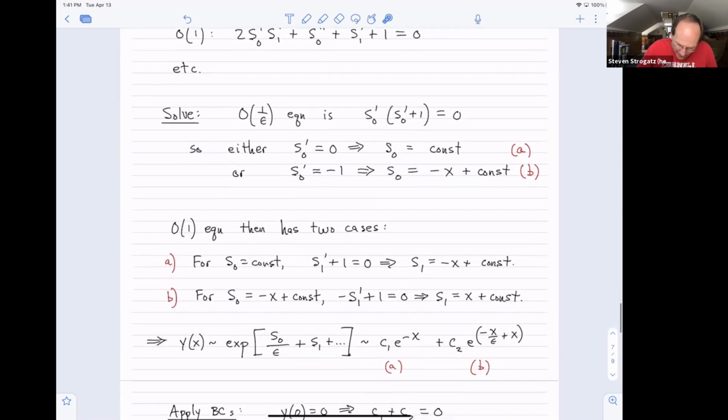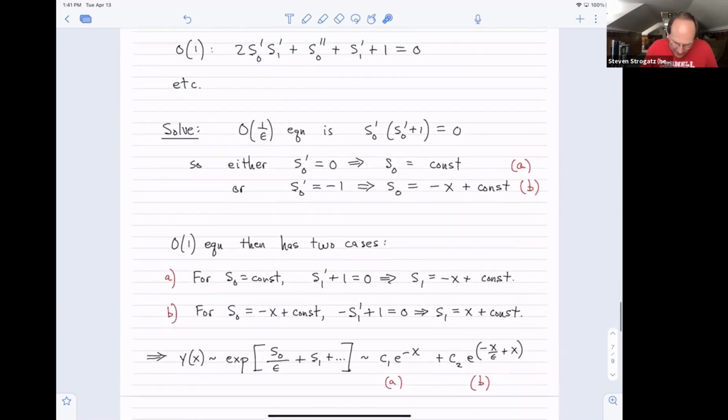So putting everything together, what I get is that my y, which is supposed to be exponential of S0 over epsilon plus S1, feeding that in, you just do each case one at a time. Actually, let's focus on case A. In case A, we have S0 is a constant and S1 is -x plus a constant.